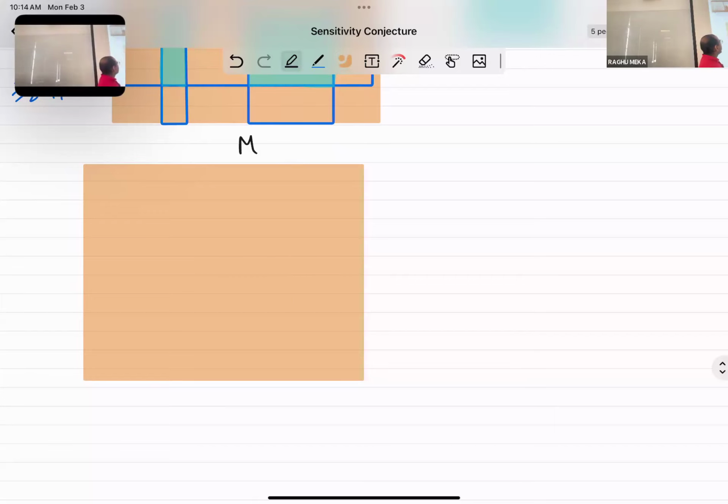Okay, and let's say I basically remove all but, let me just draw a simple picture. Okay, I'm looking at a submatrix where I remove all but the first row and the first column.